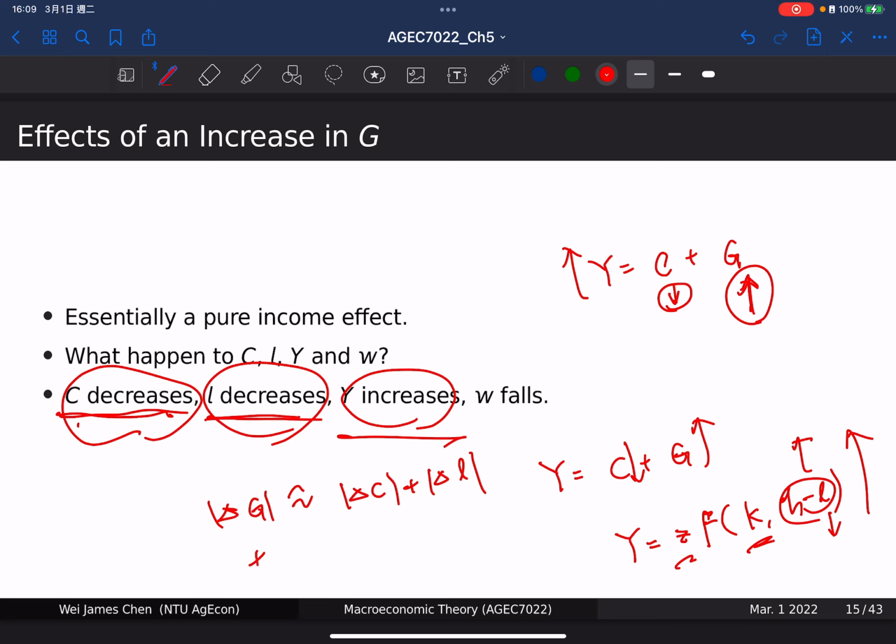So this must be big relative to this. These two are going to be small. So this is small, this is big, and in total Y is going to go up.